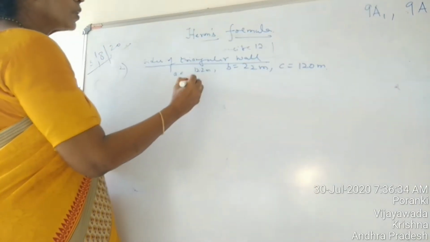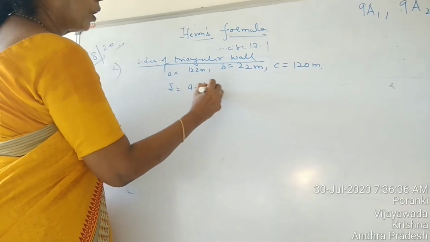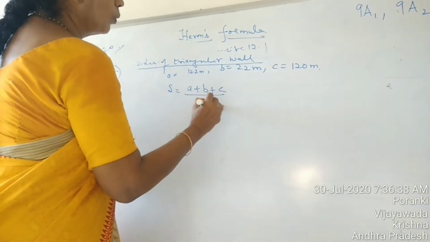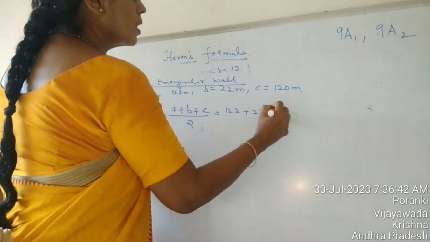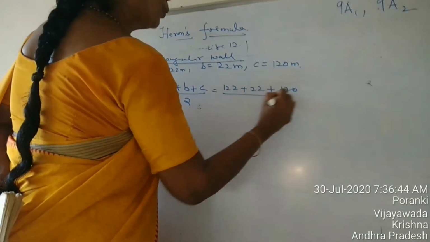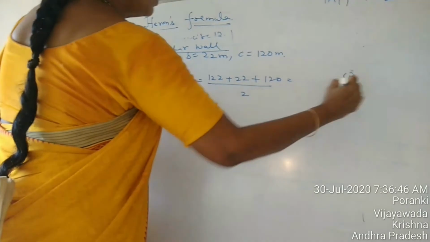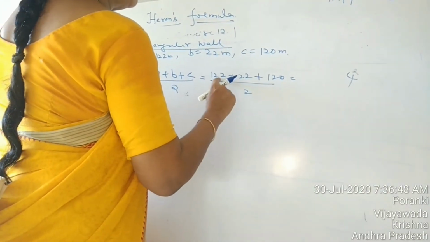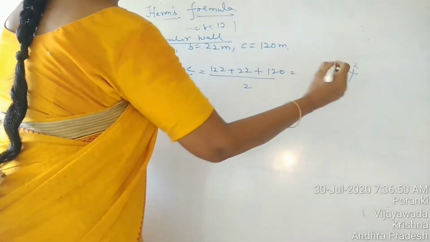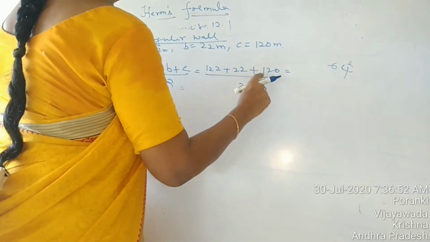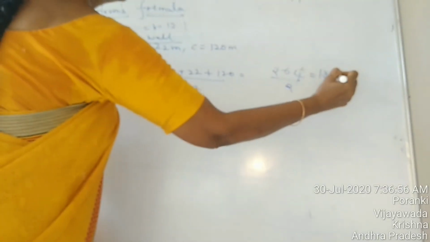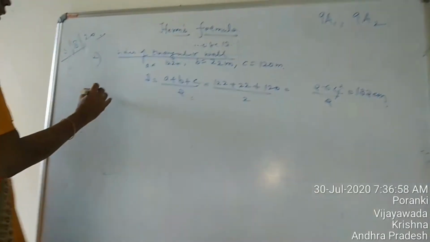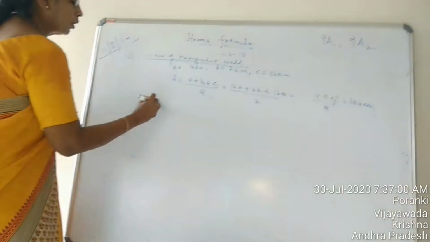To find out area of the triangle using Heron's formula, you have to find out s. What is s, children? a plus b plus c by 2. Add carefully, girls. 2 plus 2, 4. 2 plus 2, 4. Plus 2, 6. 1 plus 1, 2. That is equal to 132 meters.